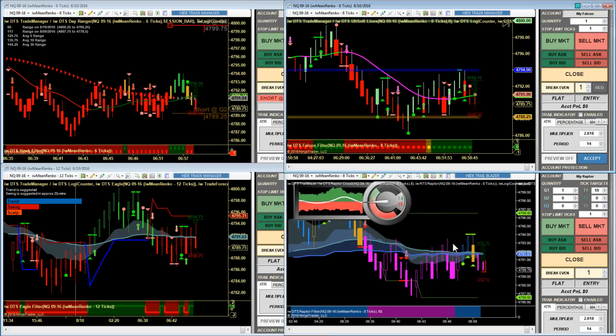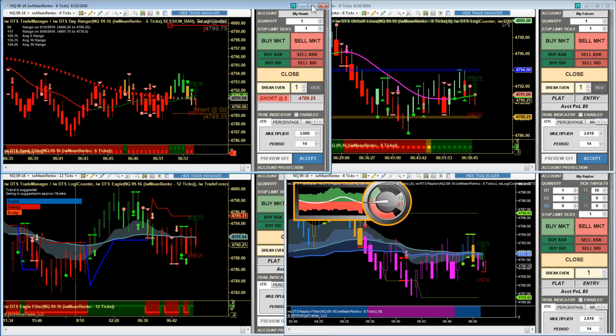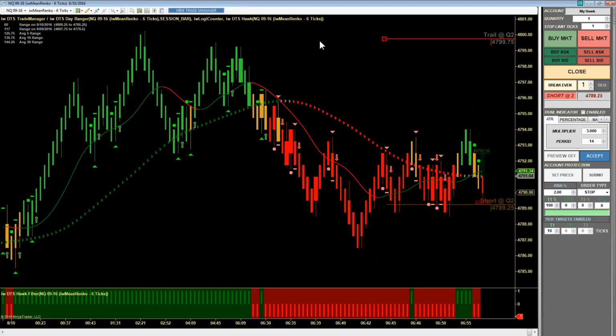So it is, the DTS system's a little bit more specialized. So when the market's like it is today, where we're just kind of flip-flopping, going back and forth a little bit, we may get an opportunity here on the Hawk, which is one that we're nursing right now with our 4-arrow consolidation.